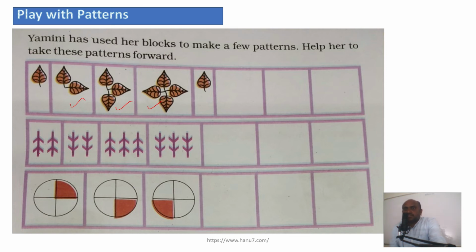And in this case, if you look at these sticks, these 2 are pointing down and these 2 are pointing up. In the next figure the same thing is happening, but 3 sticks are added instead of 2. Instead of 2, here also 3 are there.